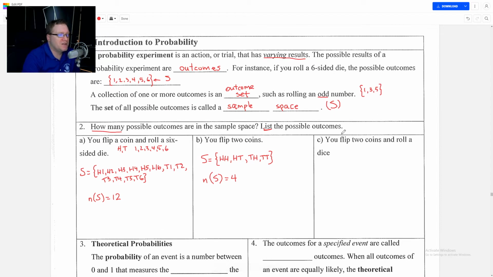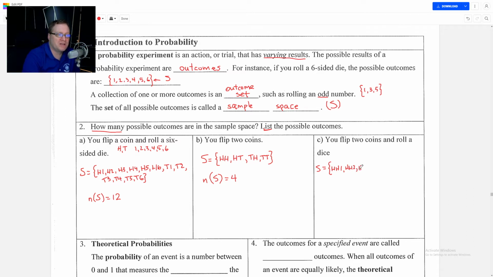Good. And then let's do this last one. This one says we flip 2 coins and roll a die. So again, let's start listing this one out. I could get a heads on the first coin, a head on the second coin, and a 1 on the die. Or I could get heads, heads, 2.